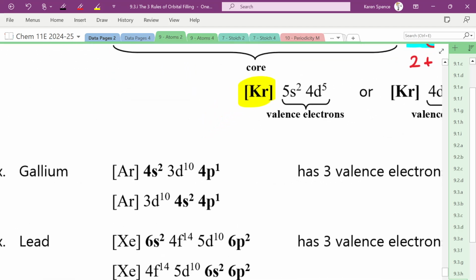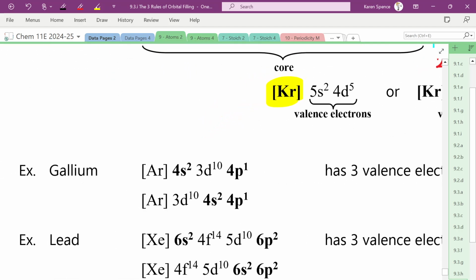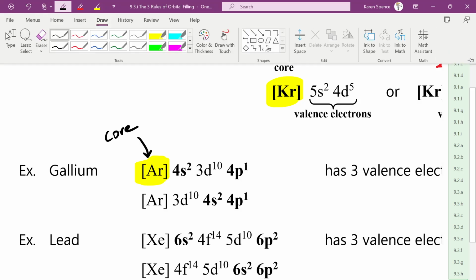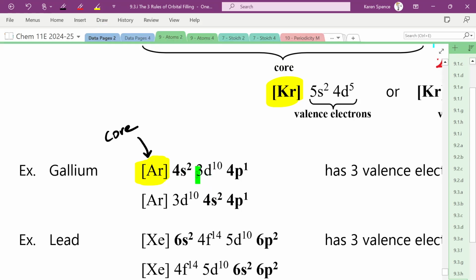Now, gallium gets into a filled d subshell. So we have our core, we have a filled d subshell.